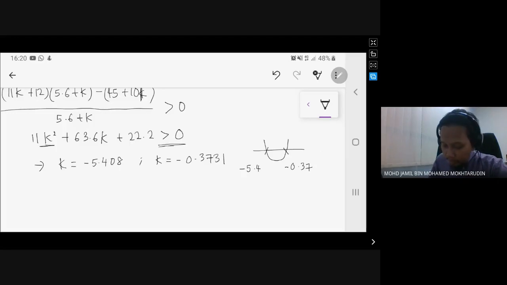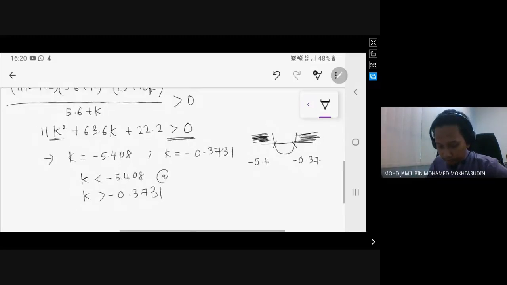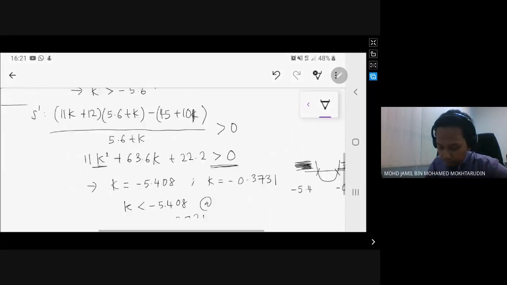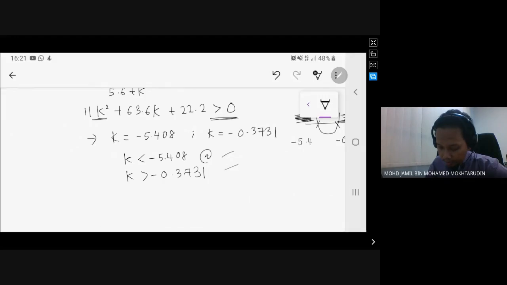Since this is bigger than 0, you only need this range, meaning that K must be less than negative 5.408 or K bigger than minus 0.373. So you get two more ranges here.